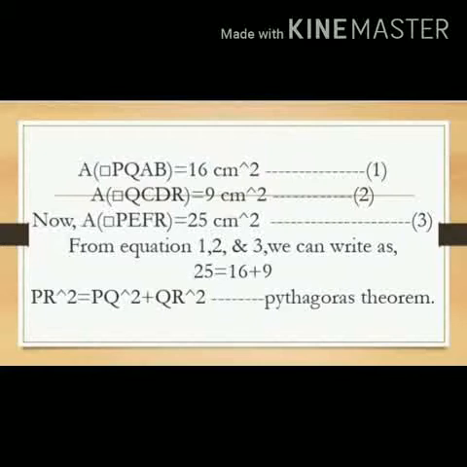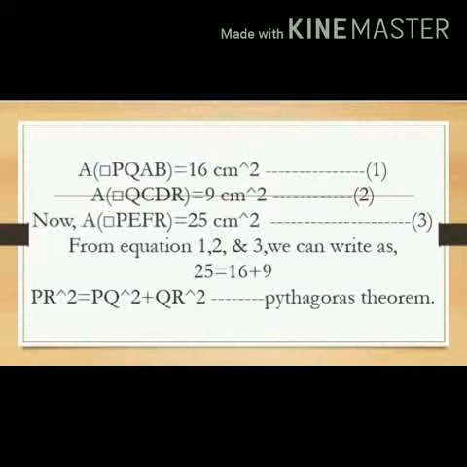Observe the equations, and we conclude that from equations 1, 2 and 3 we get area of square PEFR is equal to area of square PQAB plus area of square QCDR. That means 25 is equal to 16 plus 9, and from this we can write PR² = PQ² + QR², and this is the Pythagoras theorem.